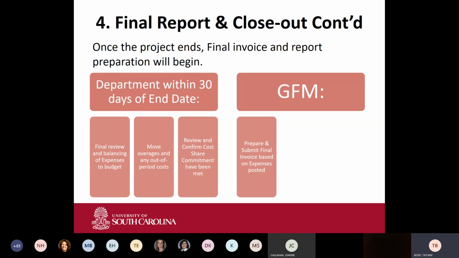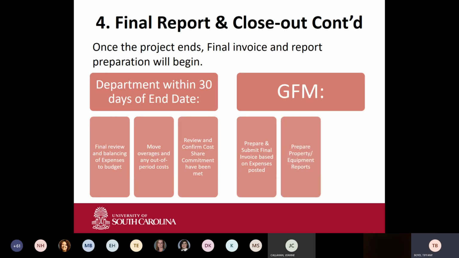And we'll go into that a little bit more. Once that's complete and the department confirms final expenses, GFM will then prepare and submit the final invoice based on the expenses that have posted. Again, the expenses have to be posted. They can't be in process. They can't be sitting on another project with someone saying, oh well, we're moving them. They have to be posted where they're going to be in order for us to invoice or report them.